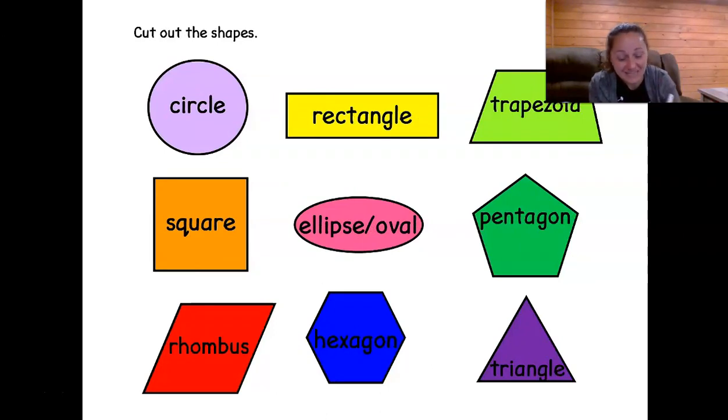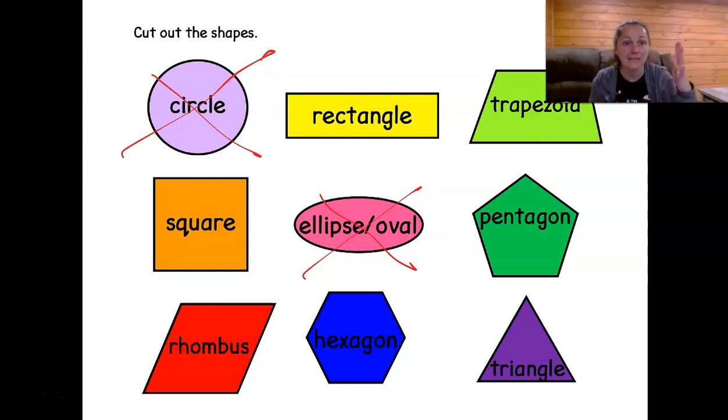Looking at our shapes, we have the circle, a rectangle, a trapezoid. Trapezoid has 1 pair of parallel lines. We have a square, which has 2 pairs of parallel lines. The ellipse or the oval, both of these, don't even try it. You are not polygons. Good try. Pentagon has 5 sides.